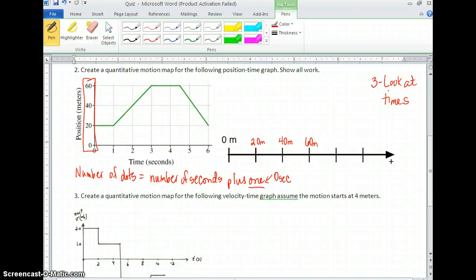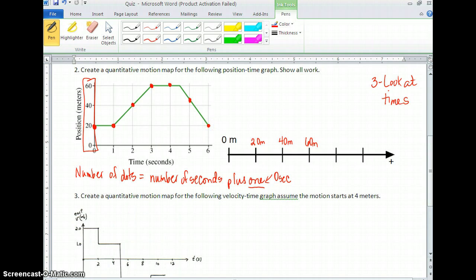So when we do a motion map, the first thing we want to do is at each time interval, put a dot. At 1 second, put a dot. At 2 seconds, go up to your line and put a dot. At 3 seconds, go up to your line and put a dot. At 4 seconds, at 5 seconds, at 6 seconds.